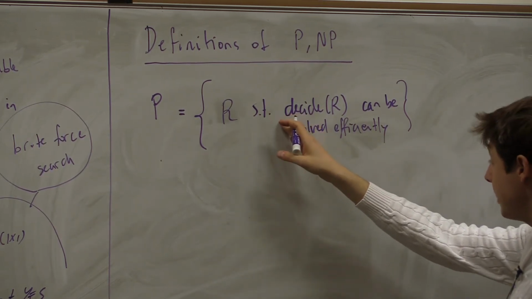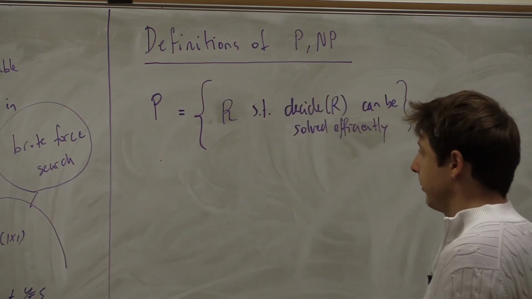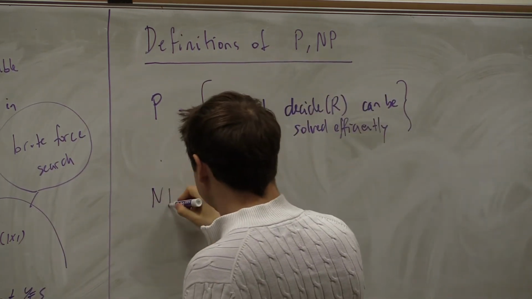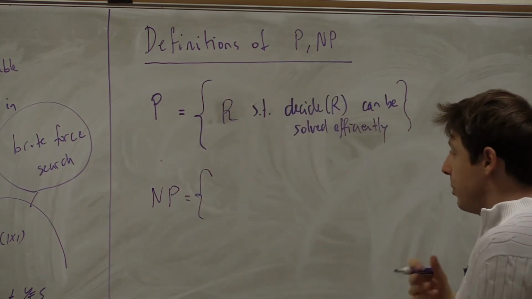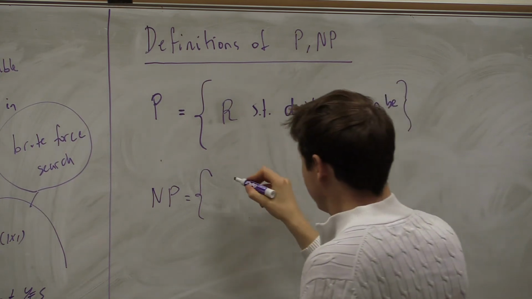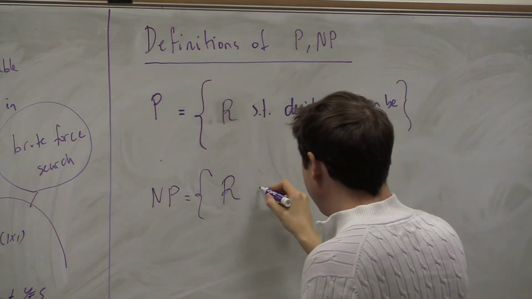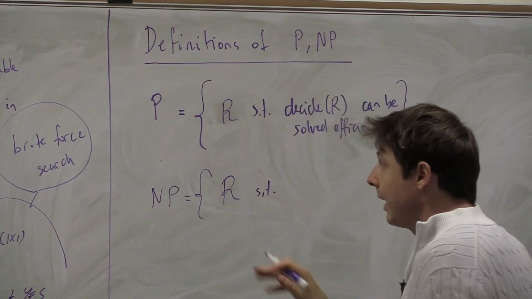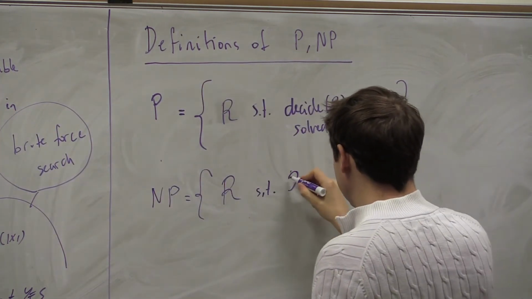And because there is a polynomial time algorithm, it is a better alternative to brute force search. NP is going to be all computational problems, so R. And that's it, or at least up to the technical condition that is important to include, that R is efficiently computable.